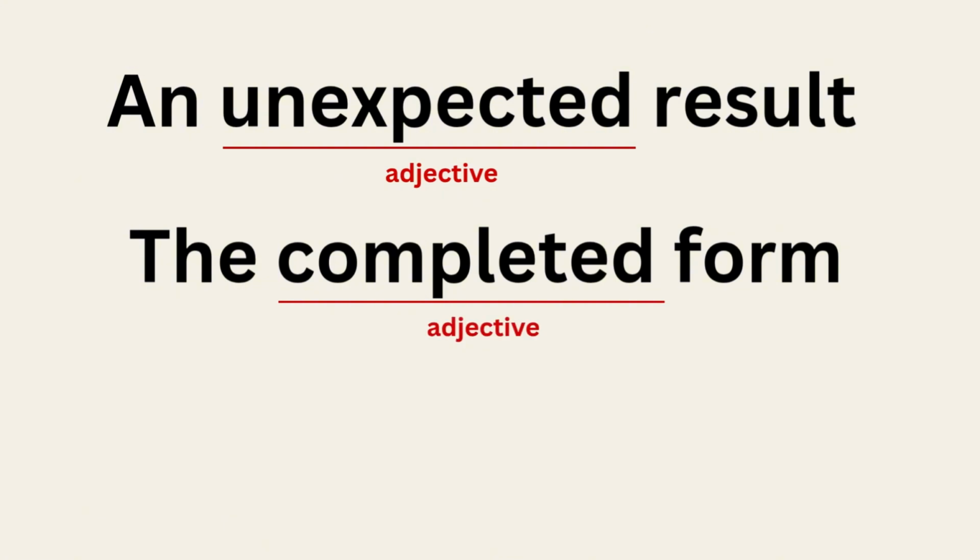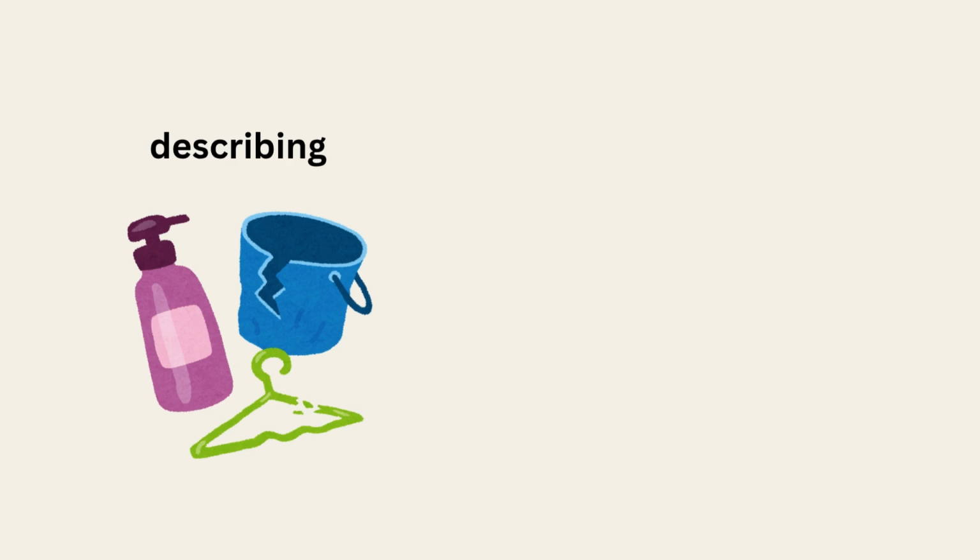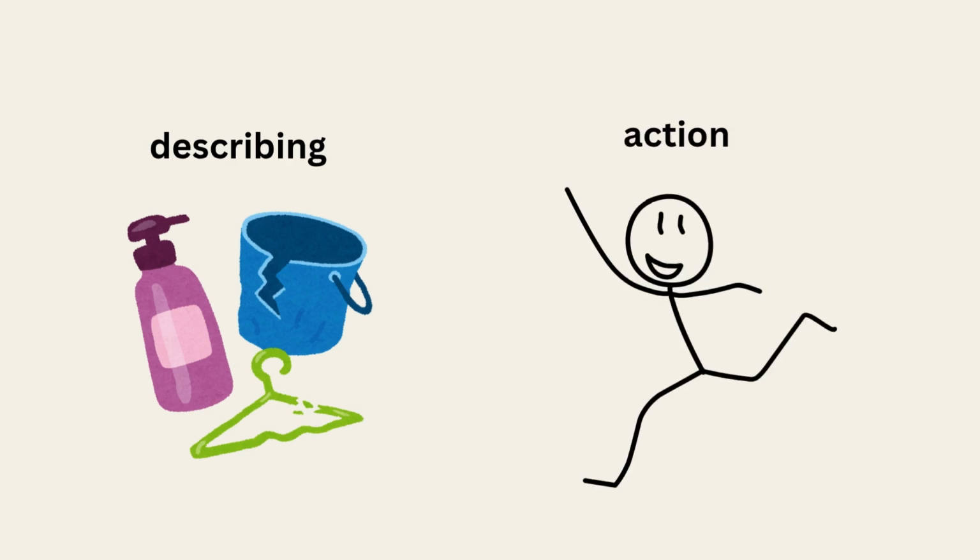So how do you tell them apart? Don't overthink it. Just ask yourself one question. Is this word describing something, or is it showing an action? If it's describing something, adjective. If it's showing an action, verb. Keep that in your head, because we're going to use it in just a second.